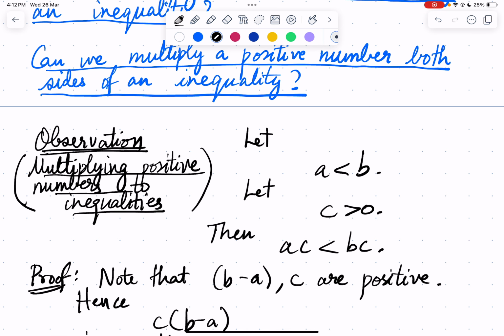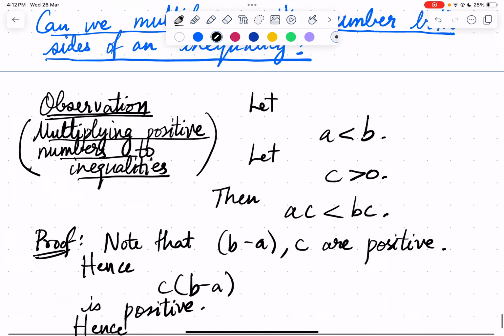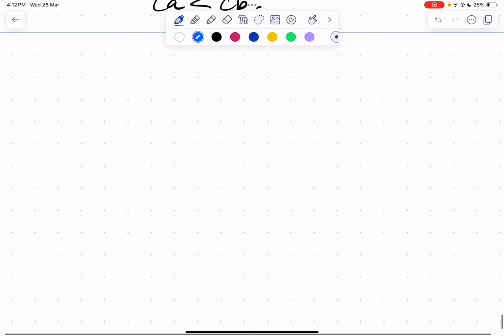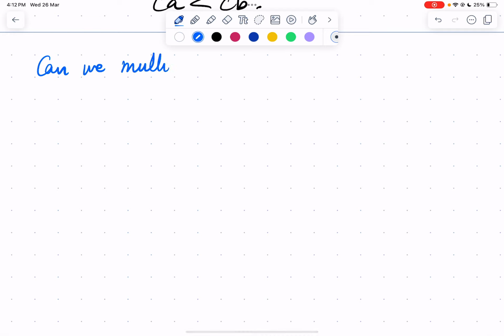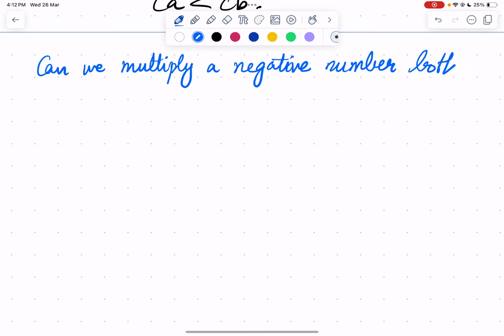Now we can ask, can we multiply a negative number both sides of an inequality? Right, so let's ask that question. Can we multiply a negative number both sides of an inequality?